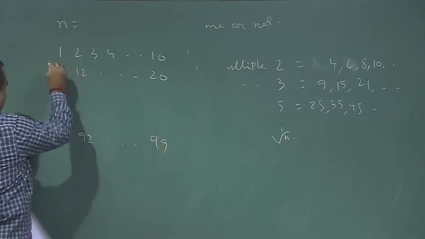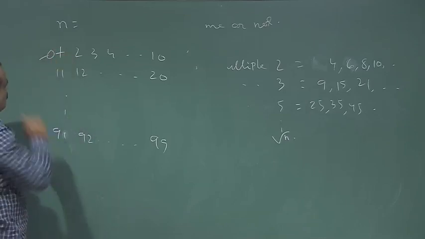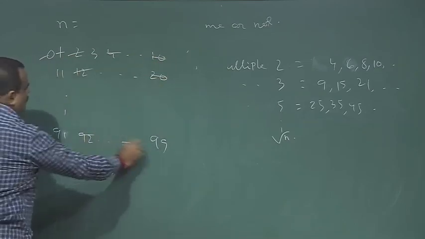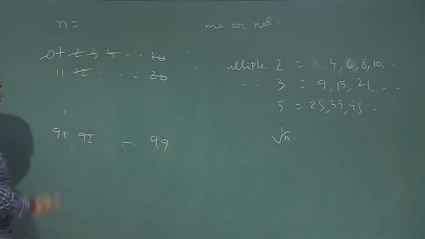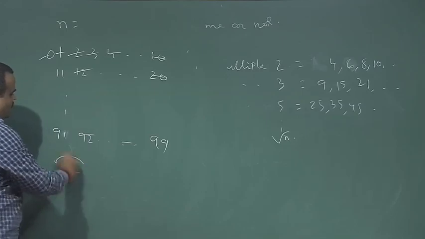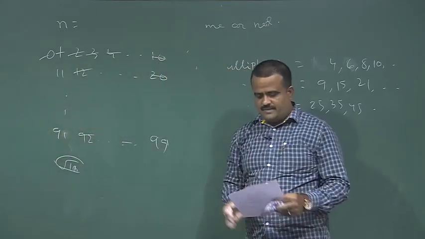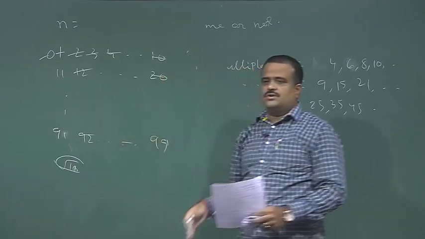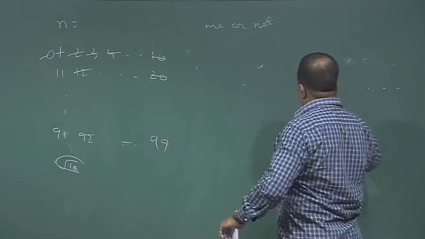Now first, if we start from 0 and 1, we remove 0 and 1, then we remove all the multiples of 2, then all the multiples of 3, and this way we continue up to the square root of 100. The remaining numbers left in this table are the prime numbers, but this method is also not so efficient, because if n is large, removing the composites this way is not an efficient idea.